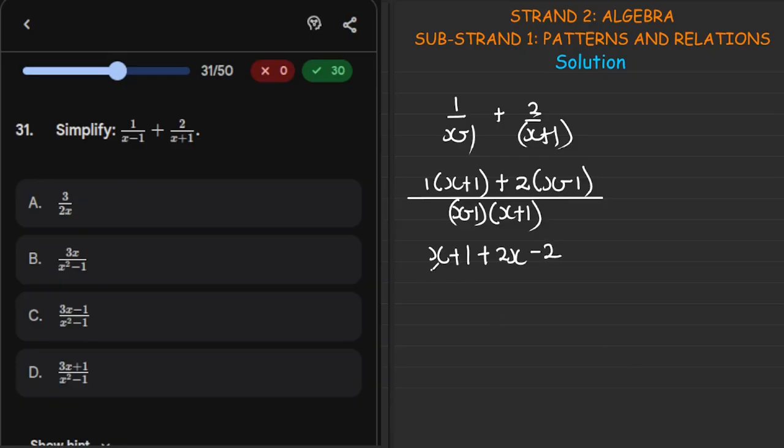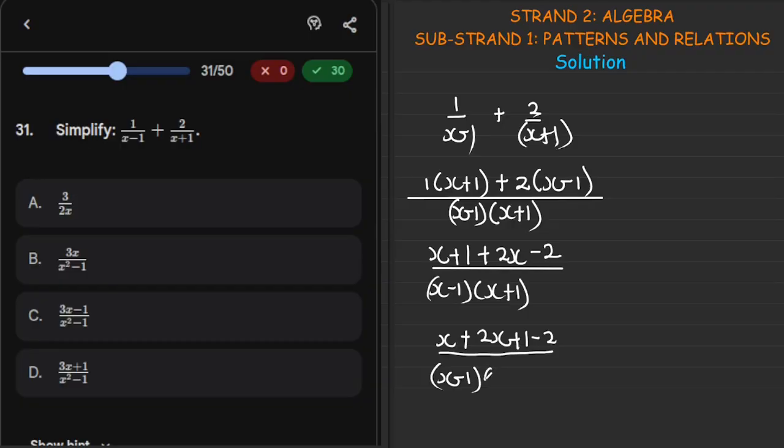And we are saying it is all over what? Our denominator, which is x minus 1, and then x plus 1. Grouping like terms in the numerator, we have x plus 2x plus 1, then minus 2, which then gives us what? All over x minus 1, then x plus 1.